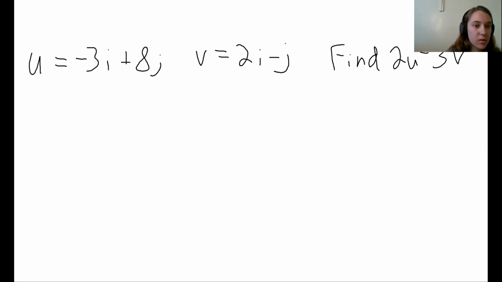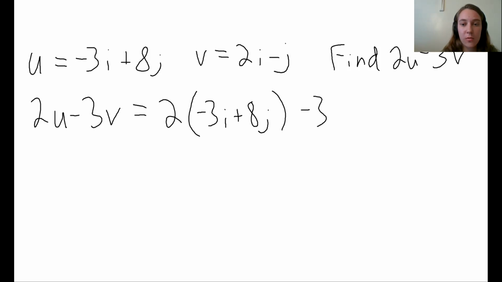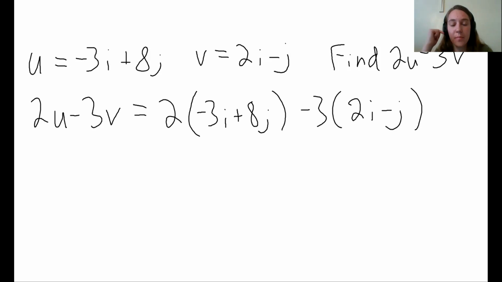So 2u minus 3v is going to be equivalent to 2 times u, so we plug in u here, negative 3i plus 8j, minus 3 times v, plug in v, 2i minus j. Now we just distribute the multiplication in.